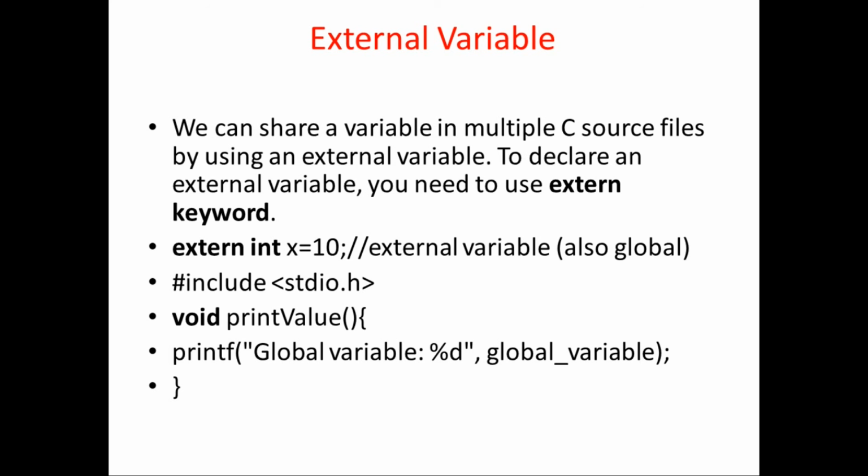Just look at the example: extern int x equal to 20. This variable and its value are declared as a global variable. A global variable, once declared in the program, can be used anywhere. They have given it before the main function, and they get the value inside the function. I hope this is very clear.